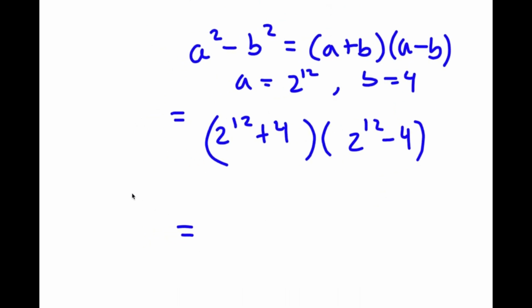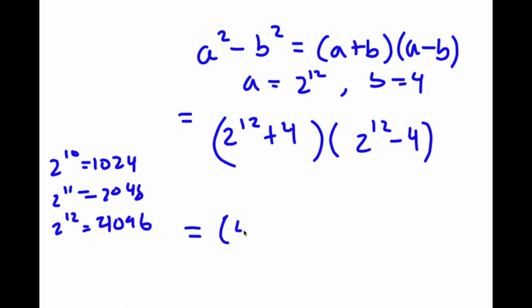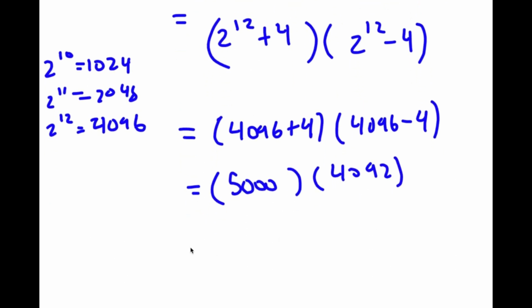Well, 2 to the power of 10 is 1024. So 2 to the power of 11 is going to be double of 1024, which is 2048. Meaning 2 to the power of 12 is double of 2048, which is 4096. So now I have 4096 plus 4 times 4096 minus 4. Now this is the same thing as 4100 times 4092.